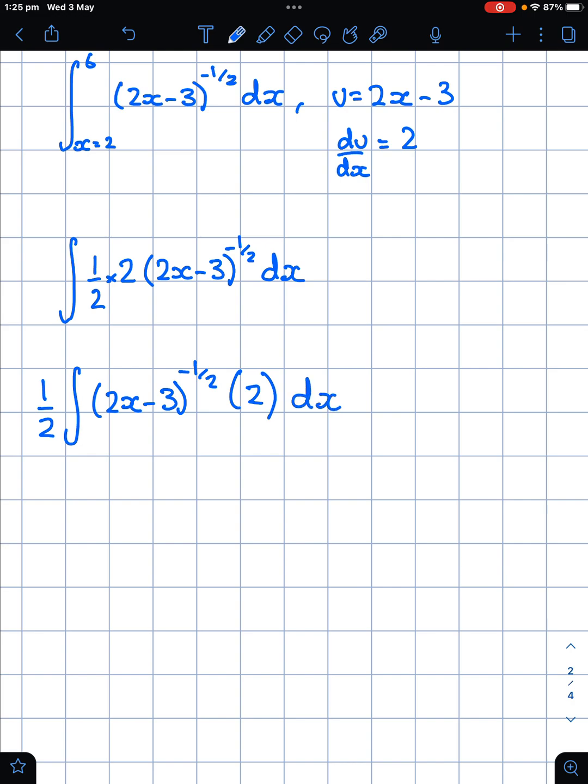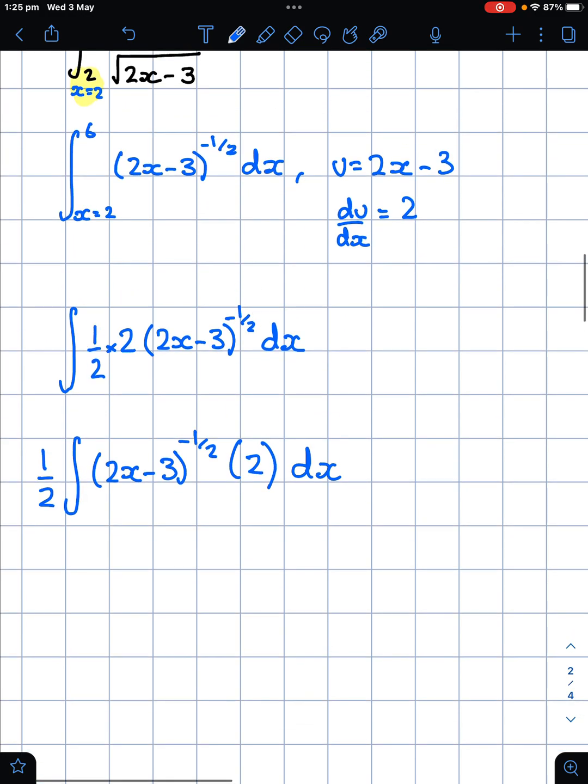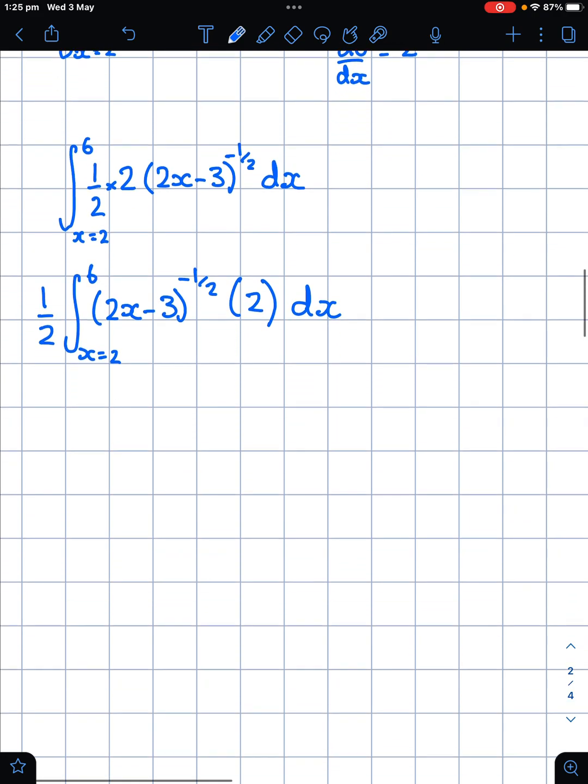The reason I've done this is it allows us to do our next line. I've got x equals 2 to 6, x equals 2 to 6. So my next line would be a half times the integral from x equals 2 to 6 of u to the negative 1/2, and the 2 here is du/dx, with respect to x.